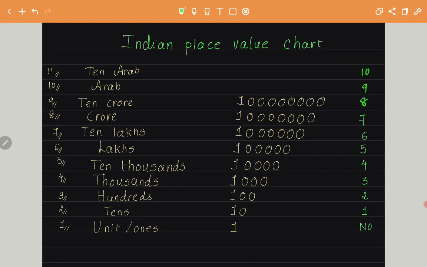We have ones, tens and hundreds, so they make the ones period. Then we have 1000 and 10,000, so they make the thousands period. Then we have lakh, so it is the lakhs period. Then we have crores, so this is the crores period. So this is how we have different periods involved in the Indian place value system.